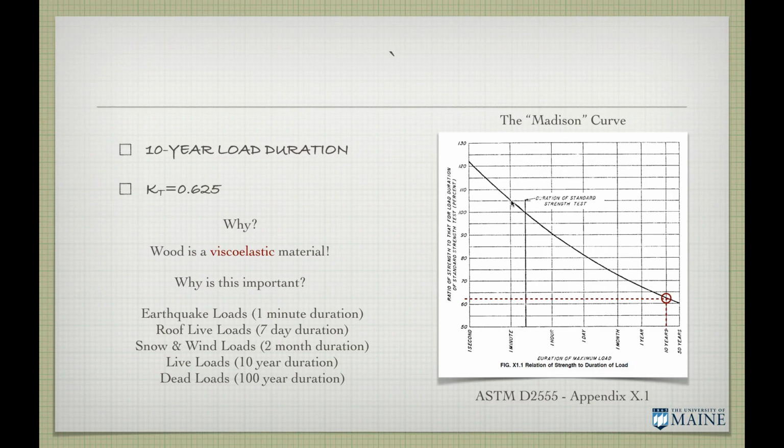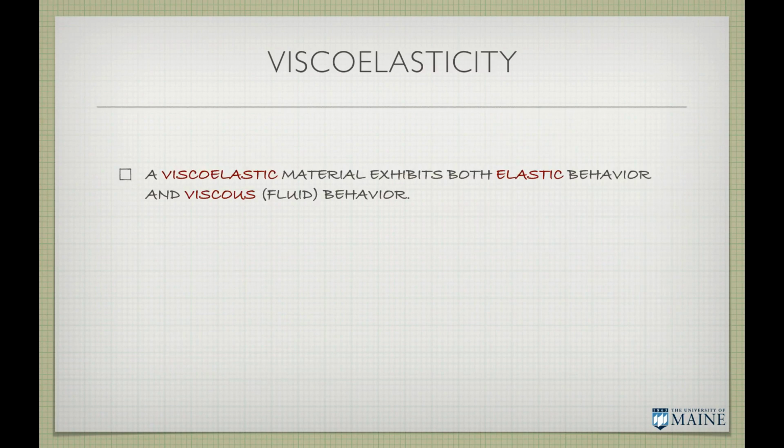So when you say what the earthquake load is, you take the design values from the book and almost double them because of that. And you have different load combinations and things. It's a long process we're not going to go into. But for designing wood structures, this is uber important. Why? Because wood's a viscoelastic material.